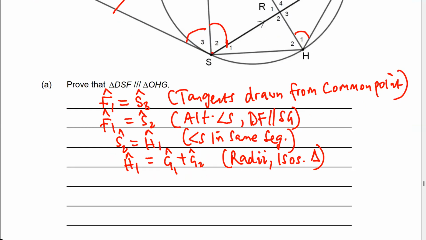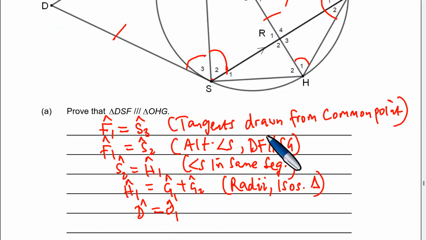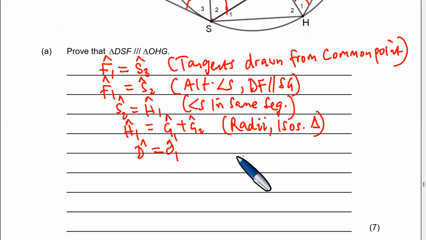Why is angle D equal to angle O1? Because it is the third angle in a triangle. Or you can say angles in a triangle.